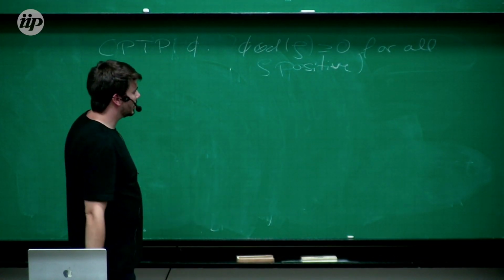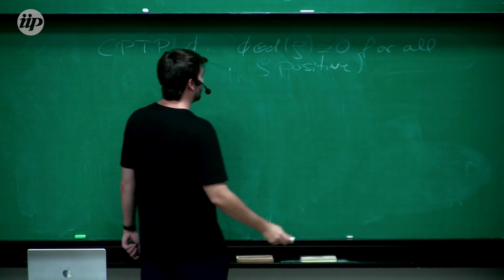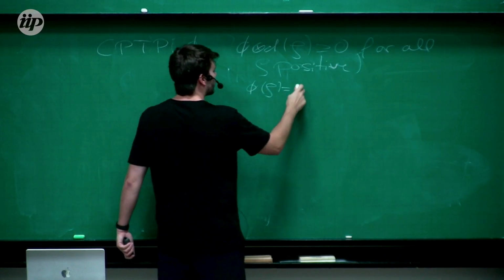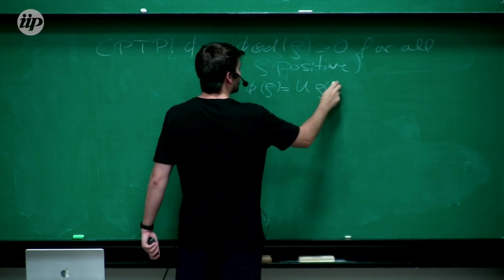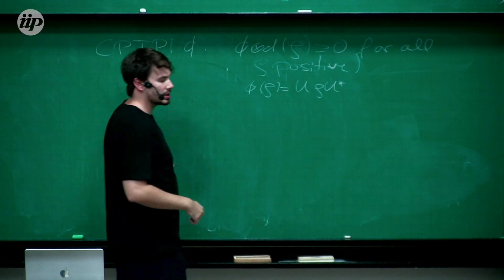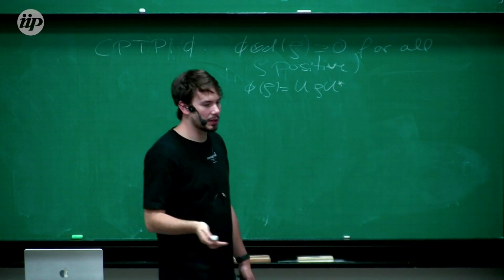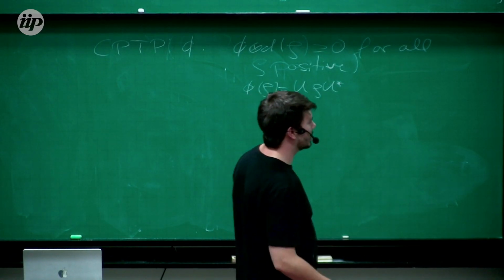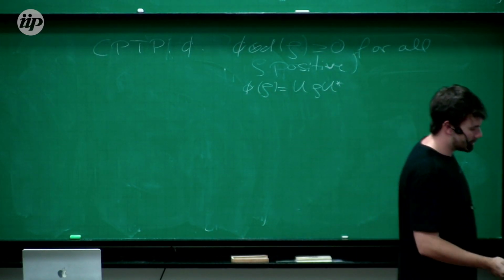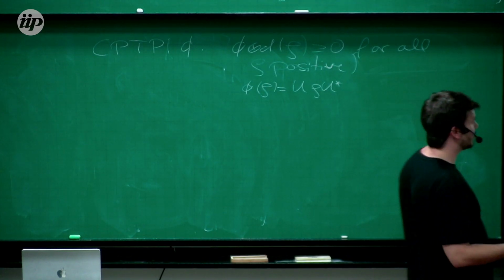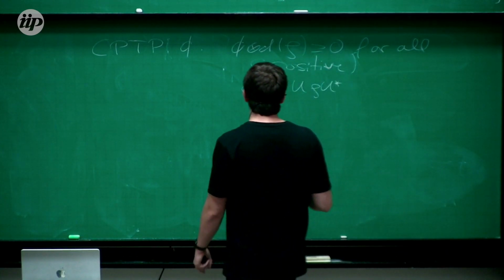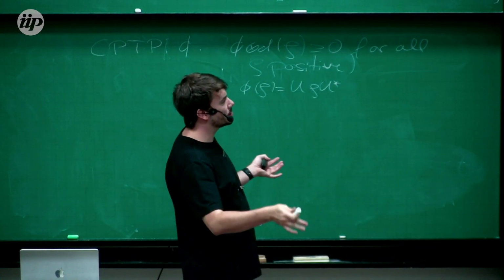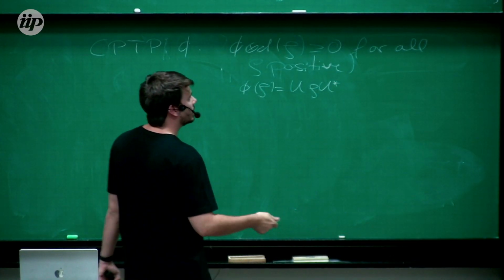And in the morning, I gave you this example of the map phi of rho just being unitary conjugation, just unitary evolution. One way of understanding Stein-Spring dilation is saying that this is all there is. If you want to get all completely positive maps, as long as you're willing to work on an enlarged system, all there is are unitaries.